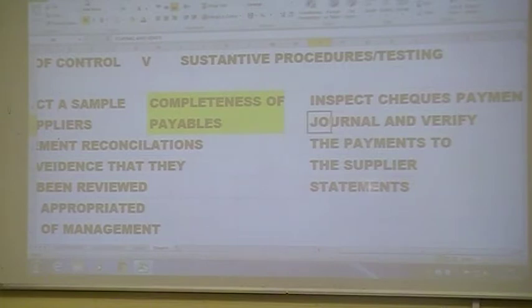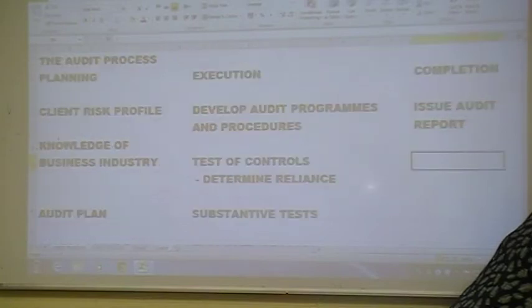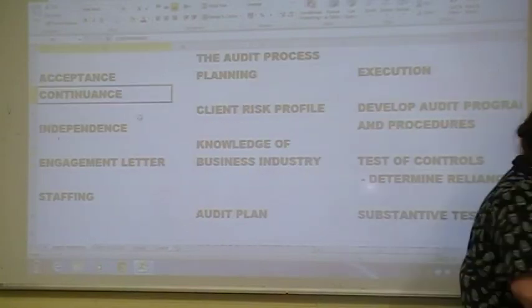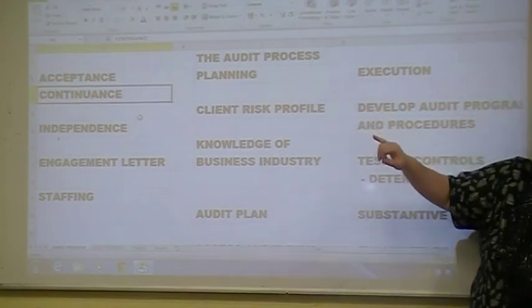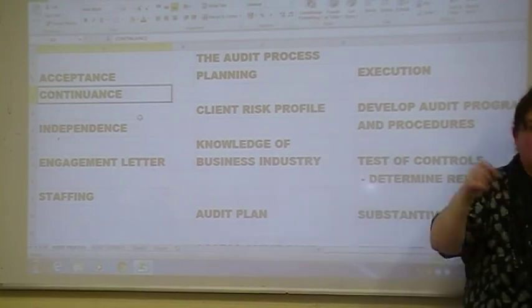So we're looking at our first step in the audit process. We've accepted the audit, or we're continuing with the audit, and now we're preparing our engagement letter to send out to the client.